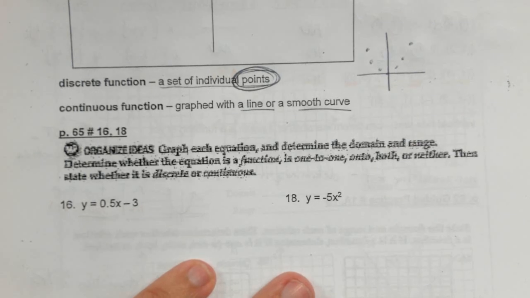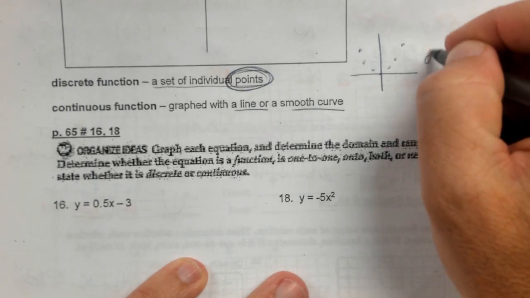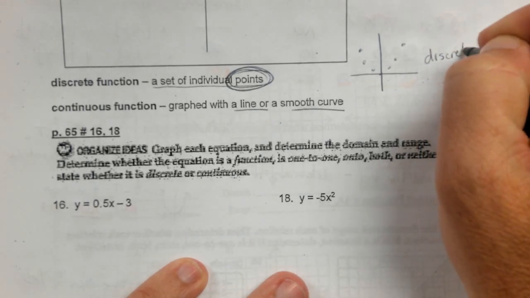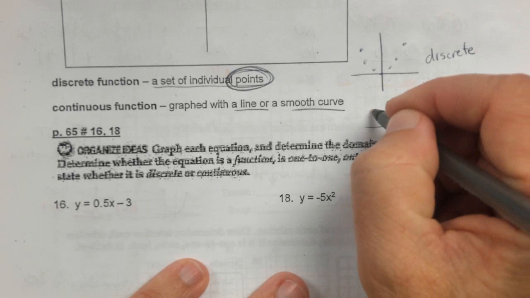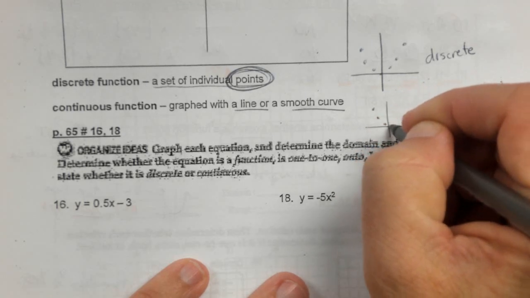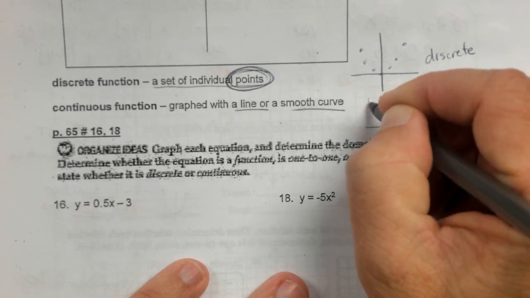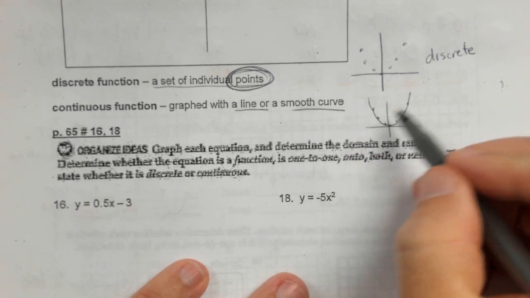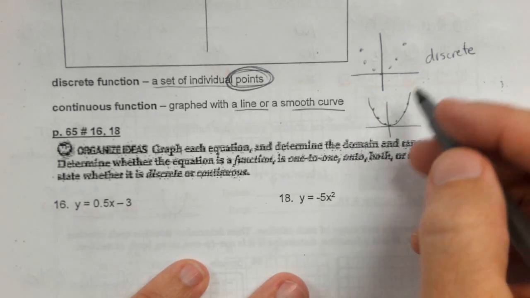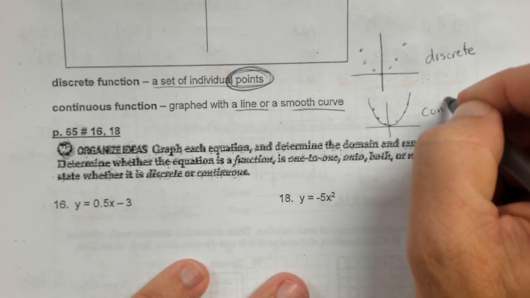That sort of looks like a parabola. It's like the points from a parabola. That's discrete information or discrete data because it's just a set of points. If we had those same points, but then we connected a line through them, then that's not just the points, that's all those points on the line, which is like an infinite number of points. That's continuous.